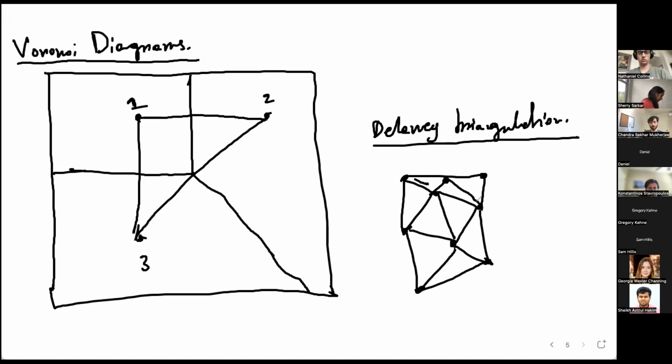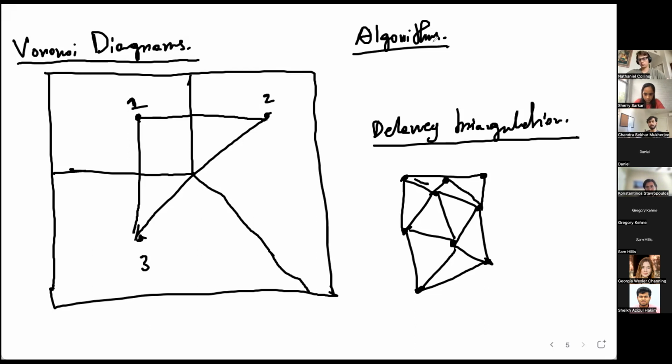Now Voronoi diagrams, this is again a discrete abstract structure. The reason it is connected to theoretical computer science is that for Voronoi diagrams and Delaunay triangulations, you can have algorithms for calculating the Delaunay triangulation of a bunch of points. And then it becomes a part of theoretical computer science in that sense.